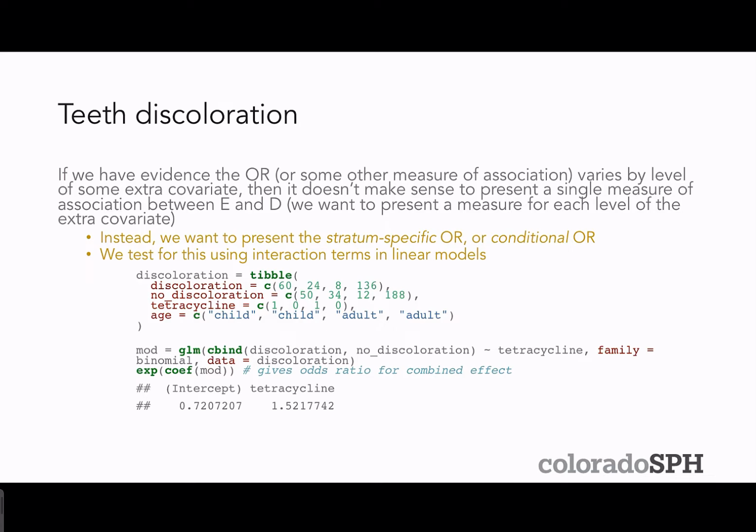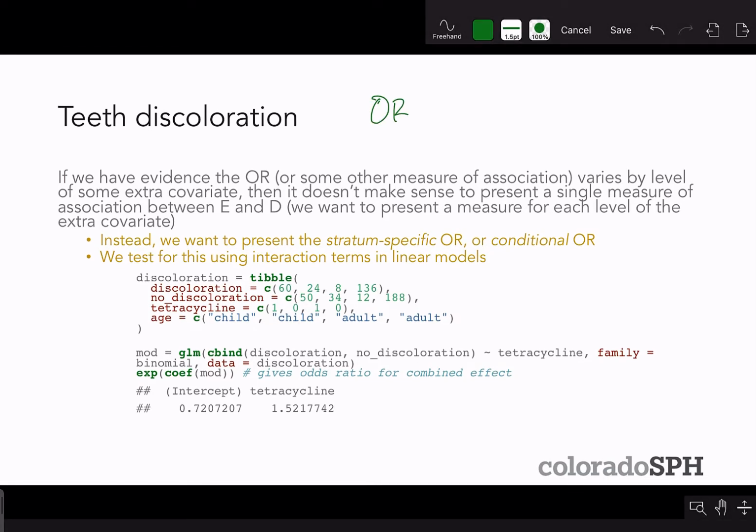This is called the stratum-specific odds ratios or conditional odds ratios. When we say conditional, I mean conditional on the covariate. So you would have an odds ratio given age is child, and then a second odds ratio given age is adult. Those are your conditional odds ratios.